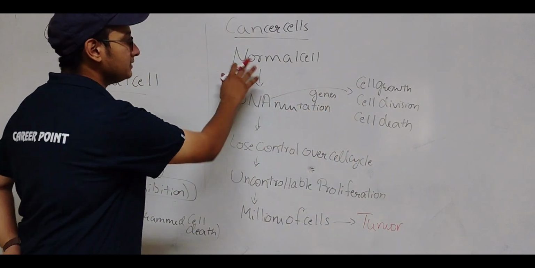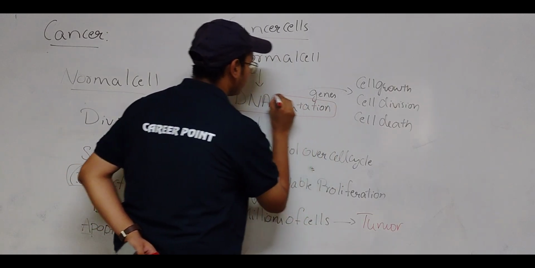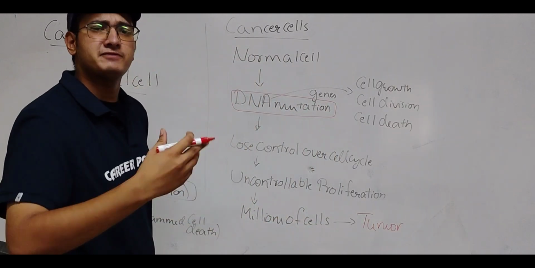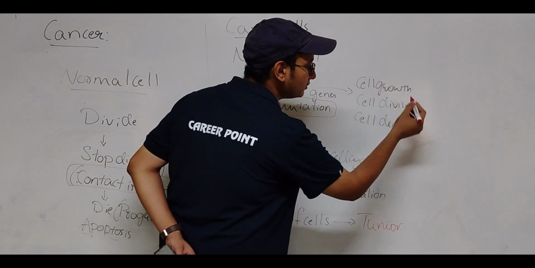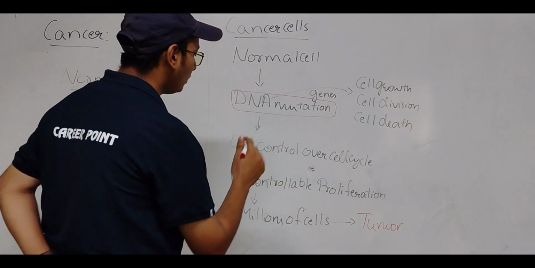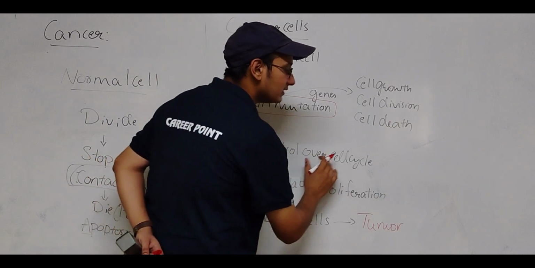So firstly, the normal cell's DNA got mutated. DNA has different kinds of genes. The genes which are mutated are related to cell growth, cell division and cell death. And as there is a mutation, they lose the control over the cell cycle.